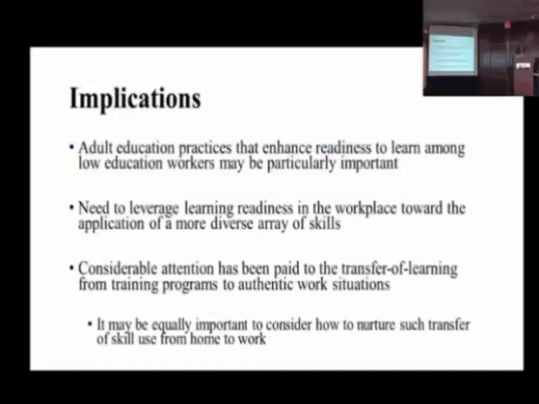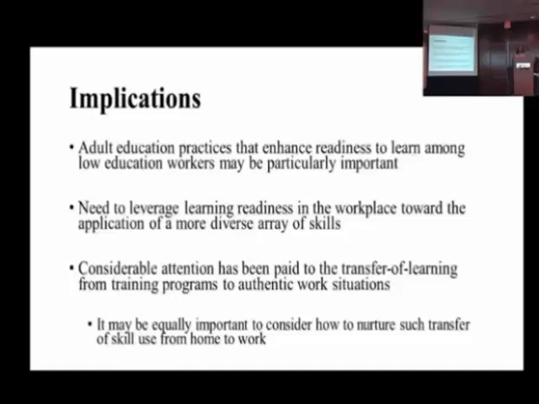So first of all, adult education practices that enhance readiness to learn among low education workers may be important. We need to leverage learning readiness in the workplace toward the application of a more diverse array of skills.